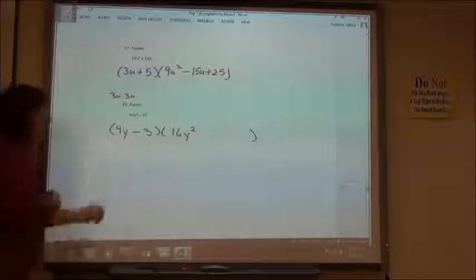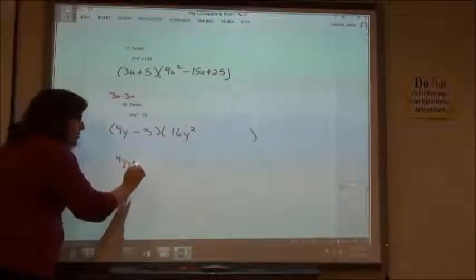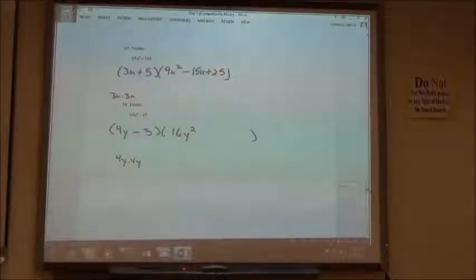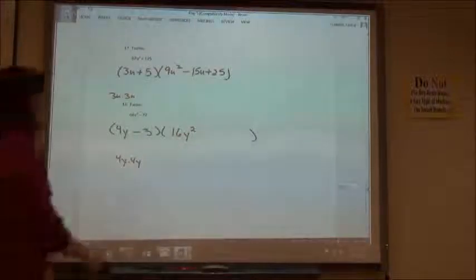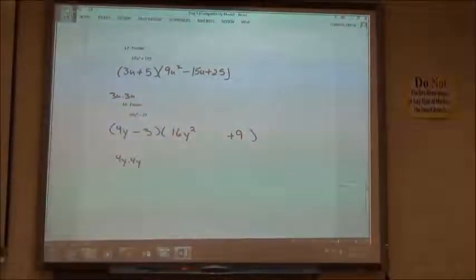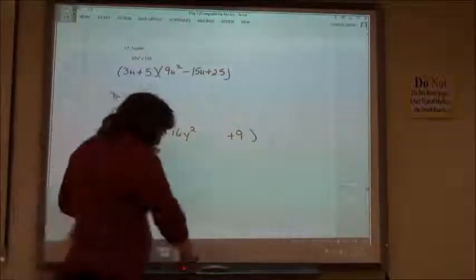Because I'm squaring 4y, when I take 4y times the second 4y, I got 16y squared, right? What should my end term be? What was that? 9. Negative 3 times negative 3 is a positive 9. That end term will always be positive because I'm squaring it, so it's always going to end up being a positive. What's my middle term going to be?